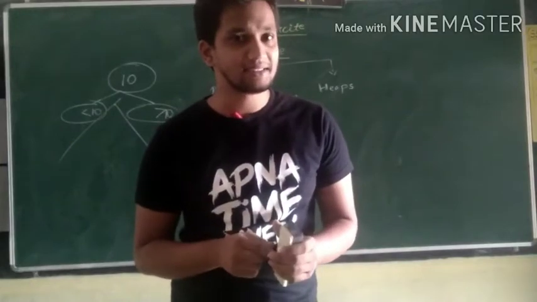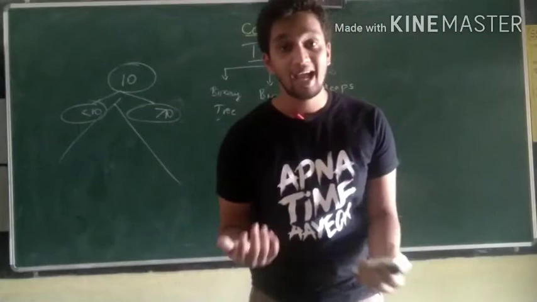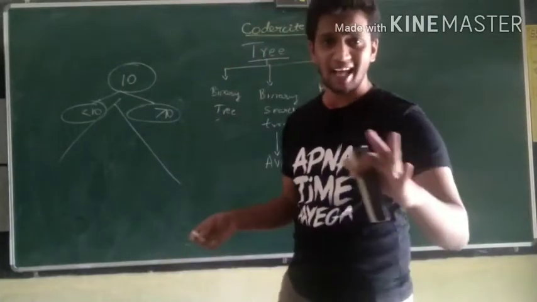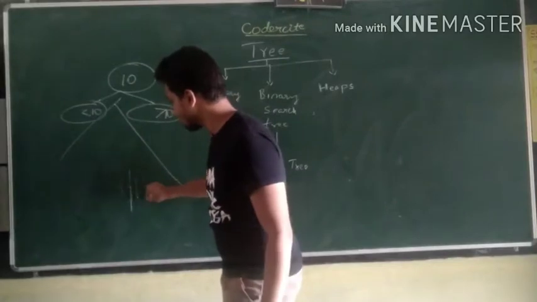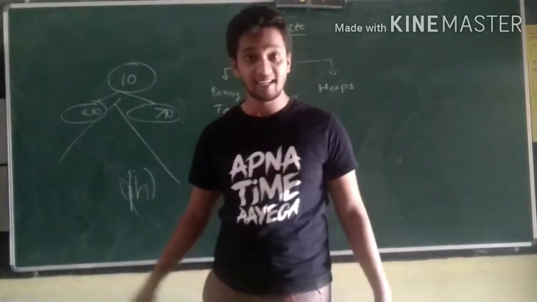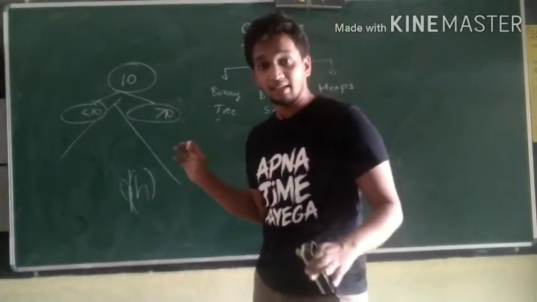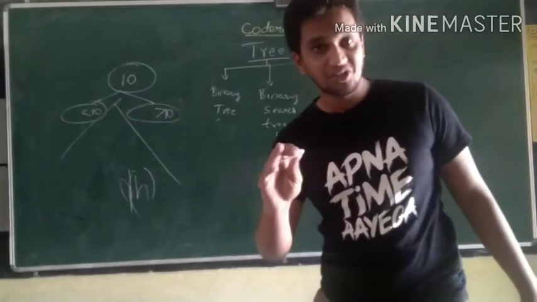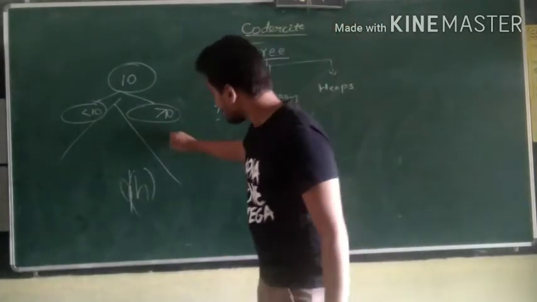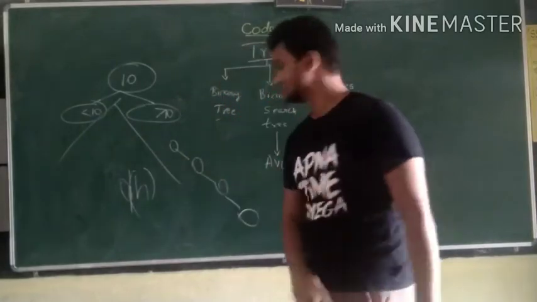It doesn't always promise you log n. Sometimes it might be n. That is not actually n, it is O of h, where h is the height of the tree. Just go through what the height of a tree is. This is in the case of a perfectly balanced binary search tree. If the binary search tree is not balanced, it might look something like this.